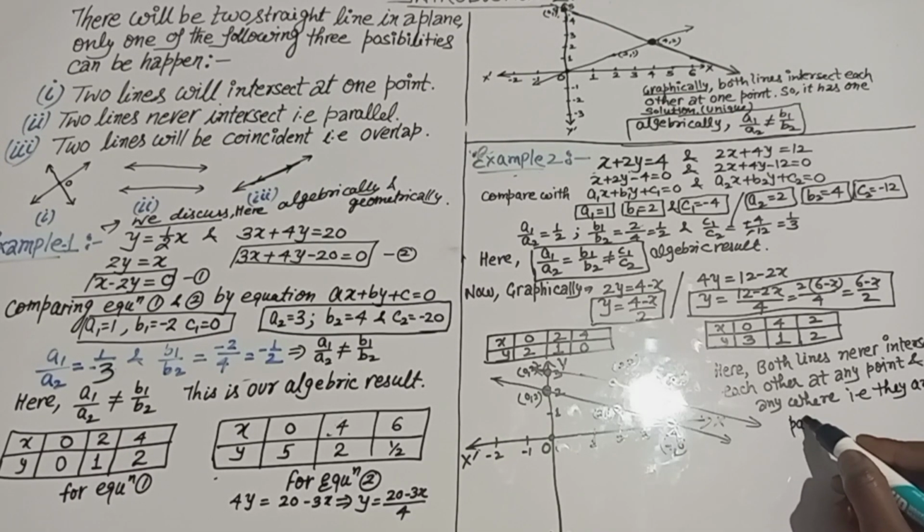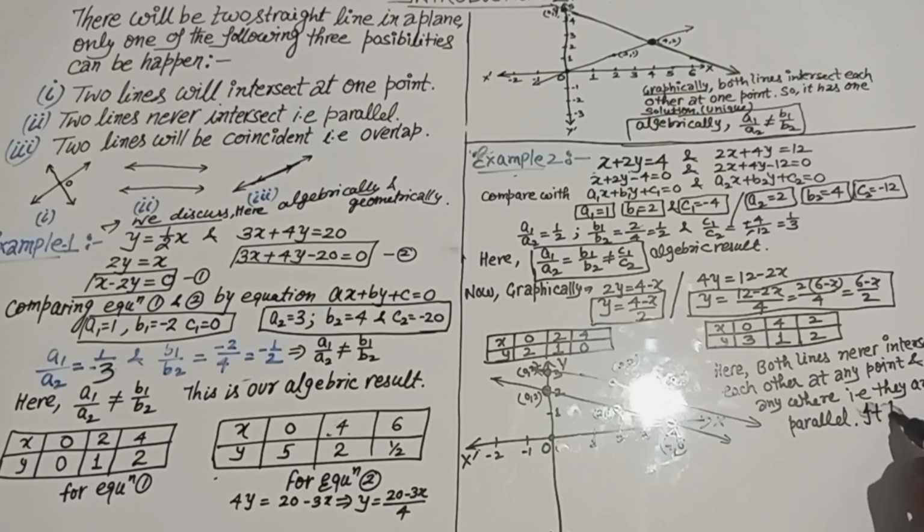They are parallel. So it has no solution, and they are inconsistent, because if there is no solution then it is inconsistent.